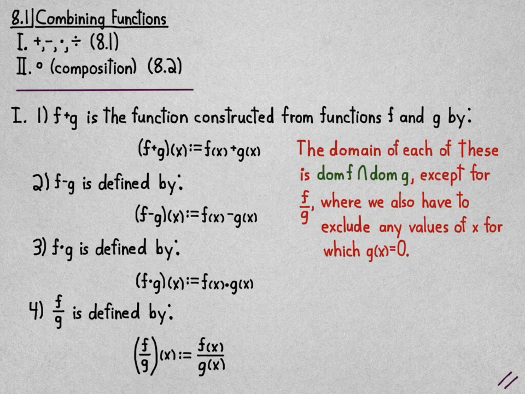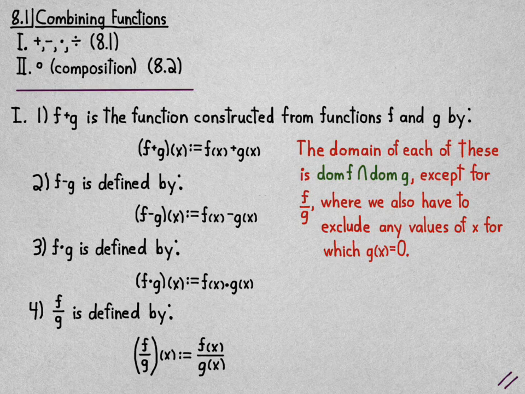So in order to plug something into f plus g, for example, you have to be able to plug the number into f and into g, because otherwise you'd have, say, f of 1 plus something that's not defined, which would mean that f plus g would not be defined for the input 1. So that's why it's the intersection. The intersection means that it's in both of the domains.